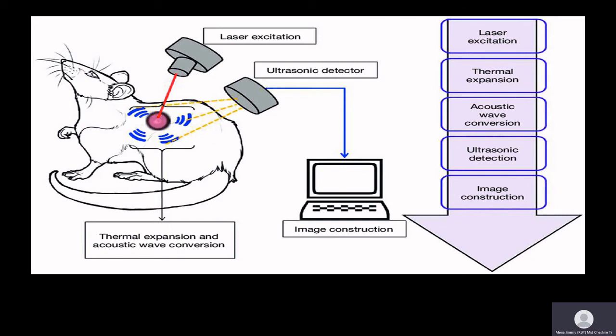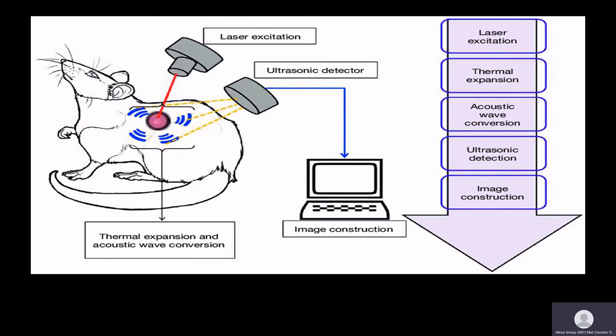And again, simply, this is the mechanism of how it works. We have two modalities: the optical or laser excitation and the ultrasound detector for image construction. So we send the device and laser excitation to the tissue we need to get an image of, and this laser excitation causes localized thermal expansion in the tumor or the cells.